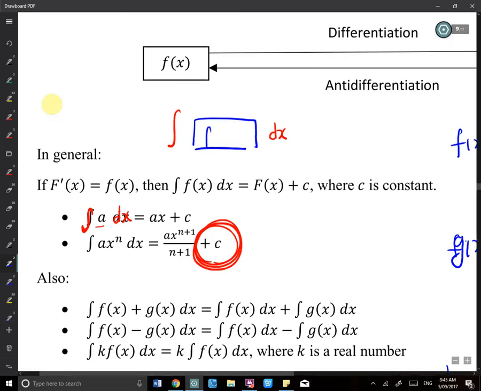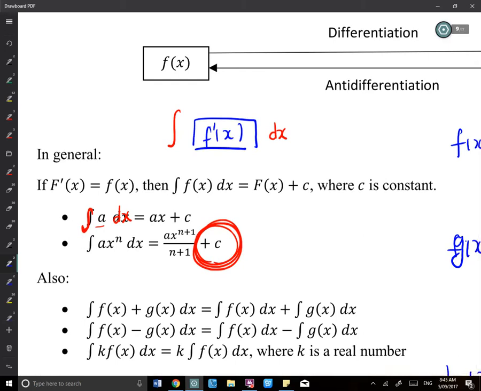You anti-diff that function and then go back to get the fx function. So that's the meaning of anti-diff. The sign is like a big S and then dx, 2 parts that make the anti-diff instruction. Anything you put in between, I want to do the reverse action to the middle function.